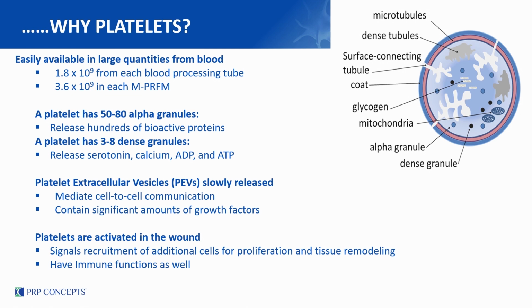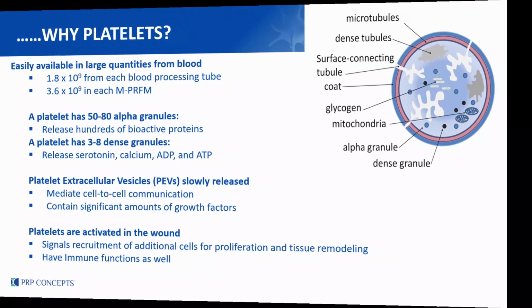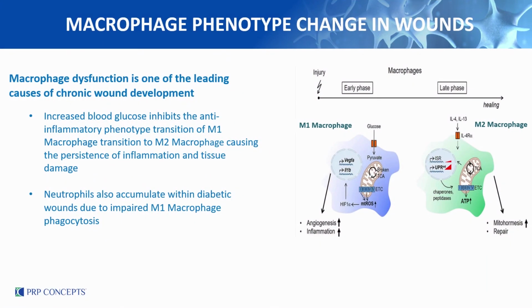It's more of a paracrine response and signal the recruitment of other cells and releasing growth factors themselves, of course. Platelet-derived growth factor was one of the original ones studied commercially, of course. And the cytokines released also have immune functions as well, which really can help to modulate the inflammatory milieu that you see in chronic wounds.